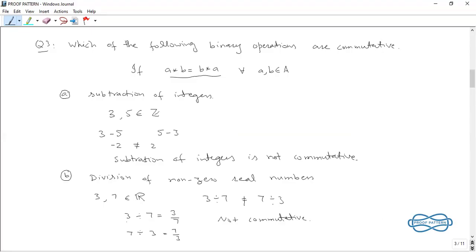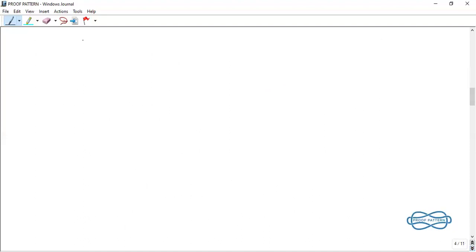Okay, we move toward the next question, the C part. We have to check function composition of polynomials with real coefficients.